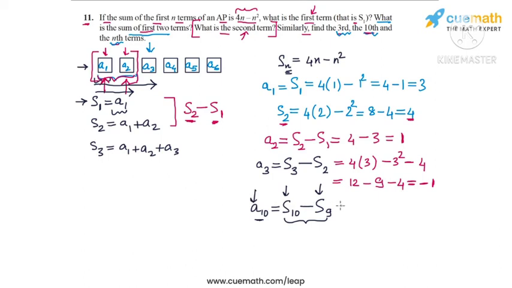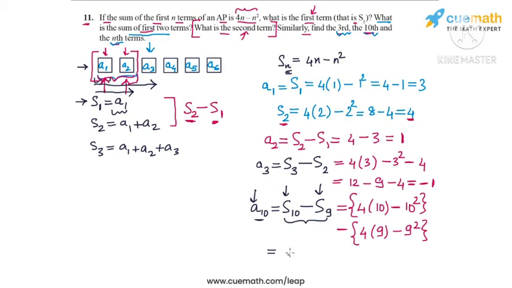So let's find S10 and S9. S10 will be equal to 4 times 10 minus 10 square, and from this we will subtract S9, which is equal to 4 times 9 minus 9 square.